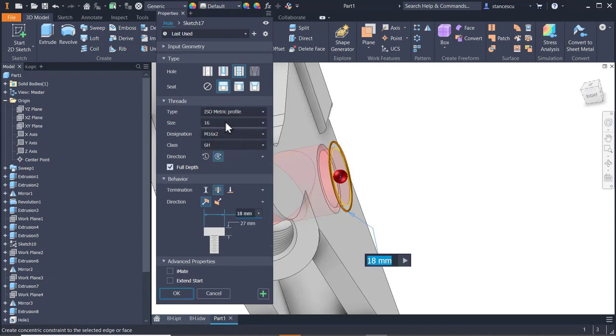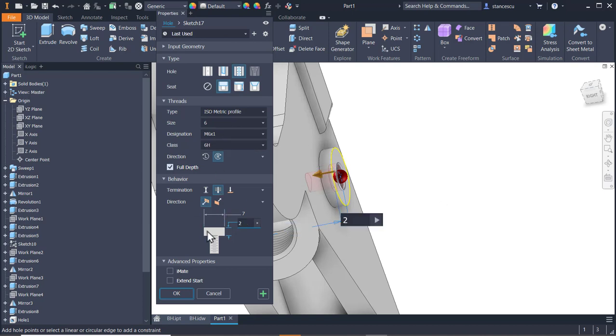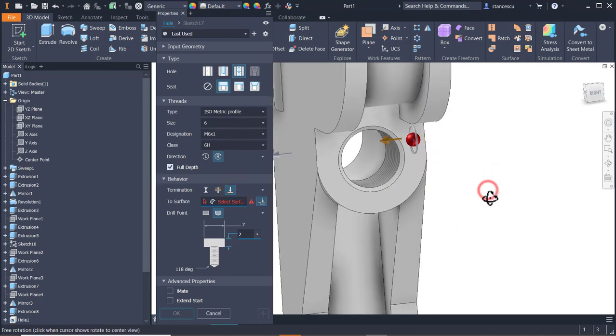ISO 6 millimeters. Diameter of 7, and tab, depth of 2 millimeters. 2 to this internal face.